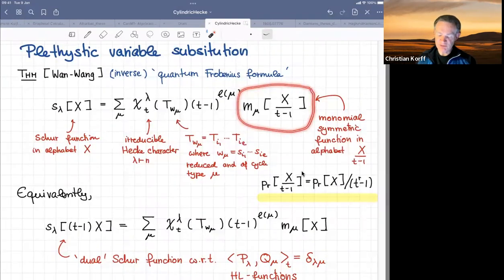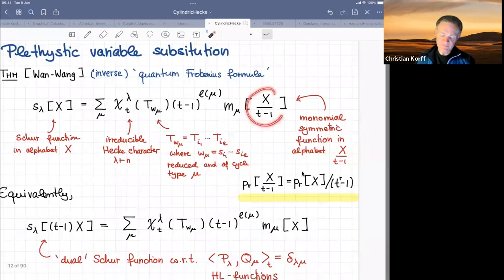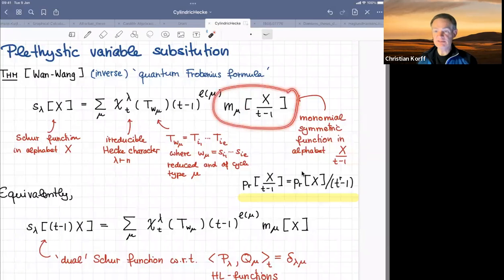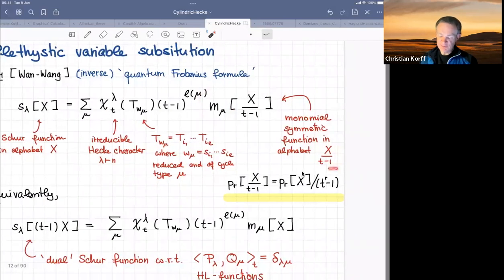So these are now my images under the quantum Frobenius map, which I just mentioned, where this notation is just the notation of making a plethystic variable substitution. So what you have to do is you have to express your monomial symmetric function mu first in terms of power sums. And in power sums, the variable substitution is just written like this.